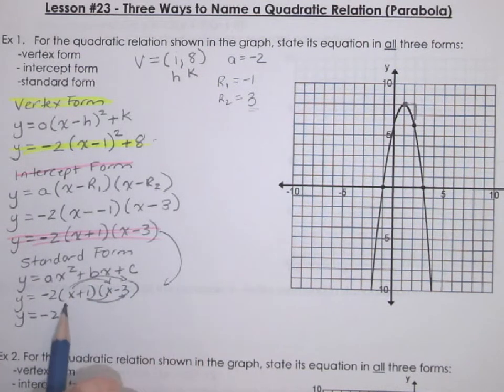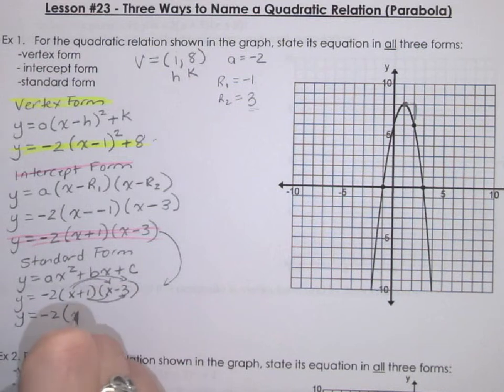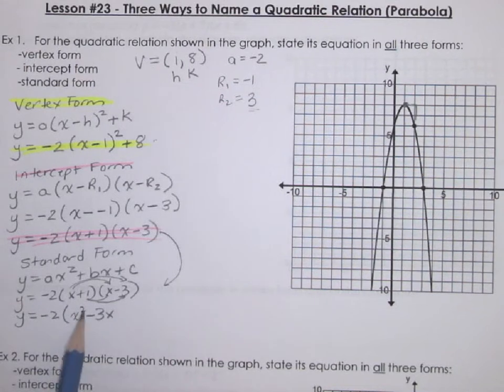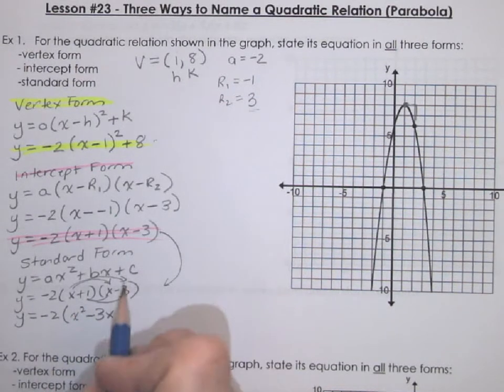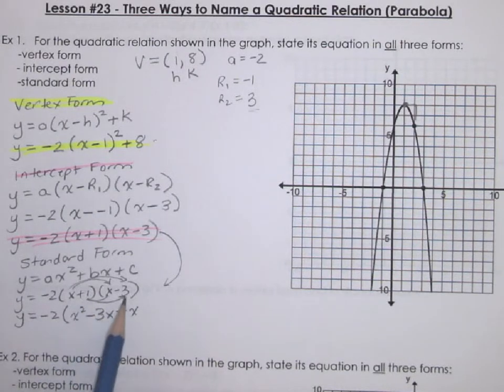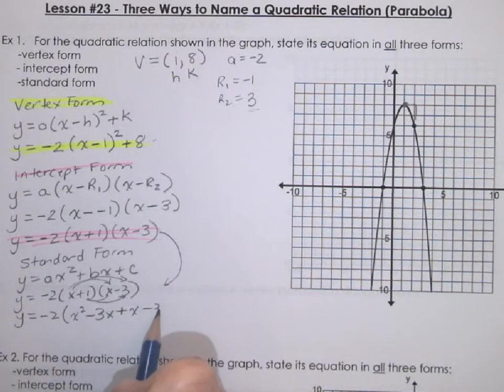So the first's x times x is x squared. The outside's x times -3 is -3x. The inside's 1 times x is +1x, or just +x. And last, +1 times -3 is -3.